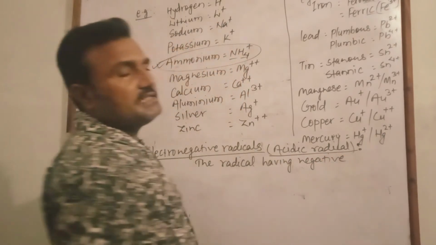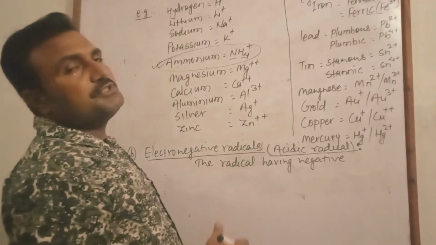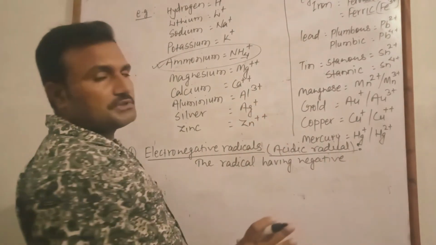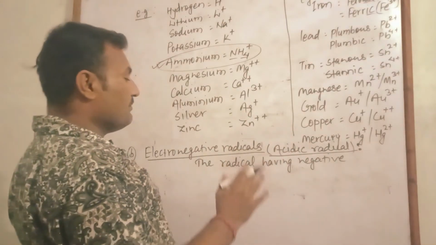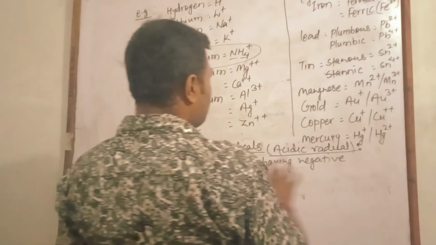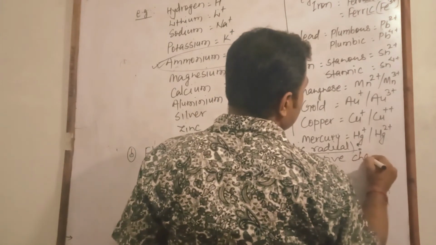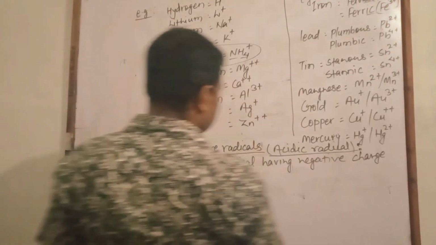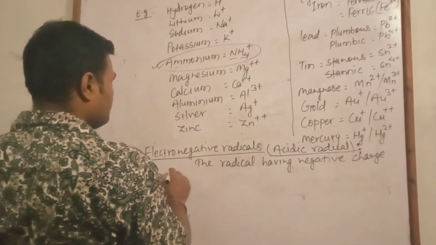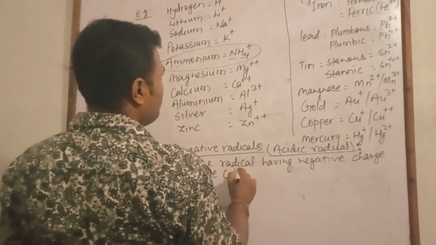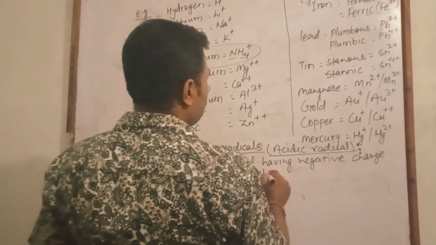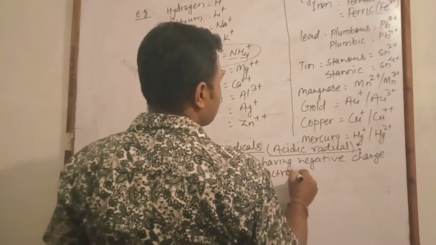It carries a negative charge, generally with a tendency to gain electrons, and therefore electronegative radicals are made from non-metals having a negative charge on them. These are called electronegative radicals.